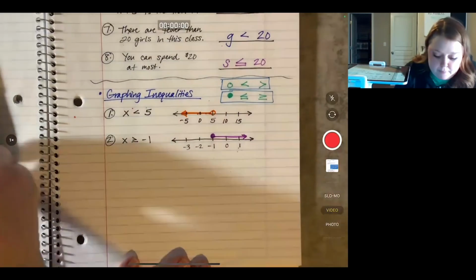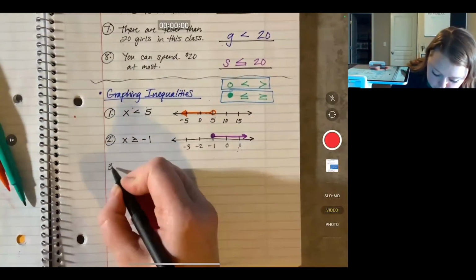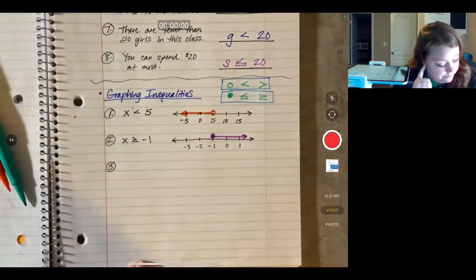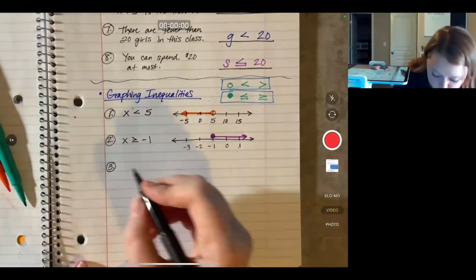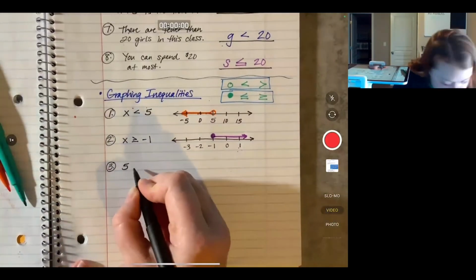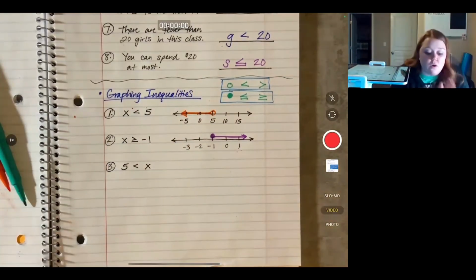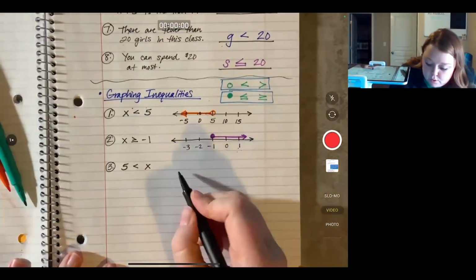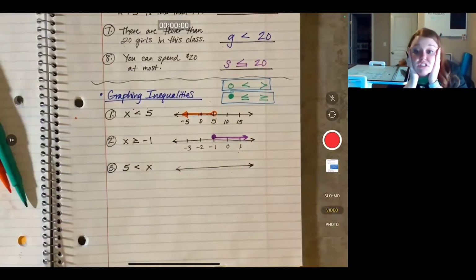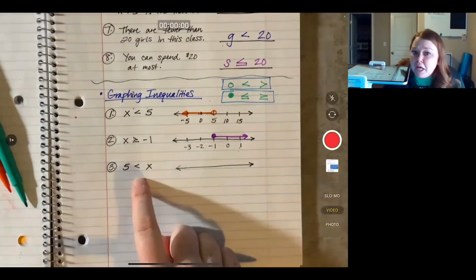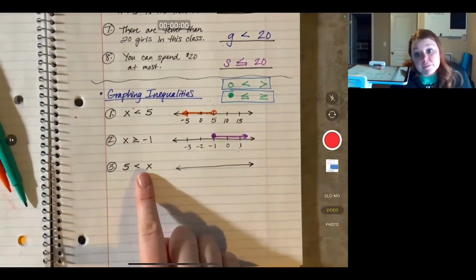Okay. Here's number 3. I suggest you do it. Number 3 we'll talk about, okay? 5 is less than x. The reason why I did this is because, ew, your variable is not on the left.